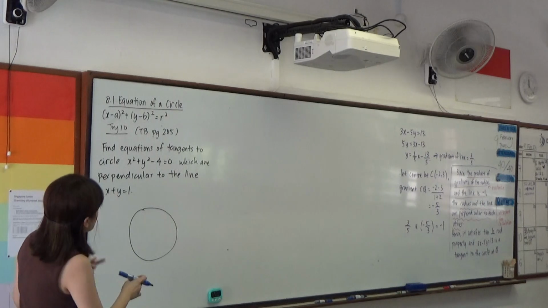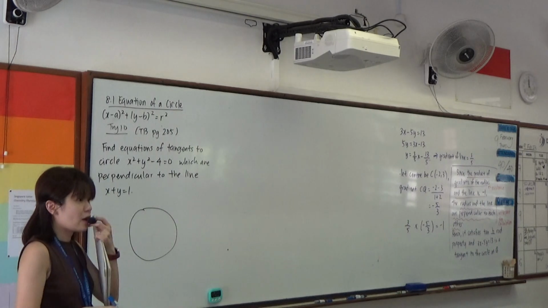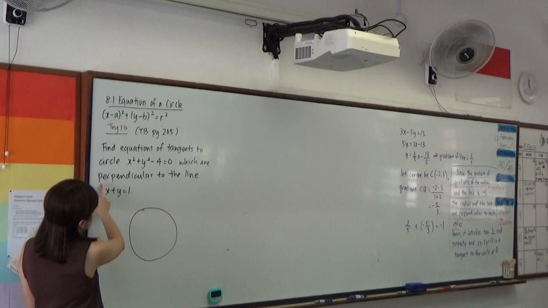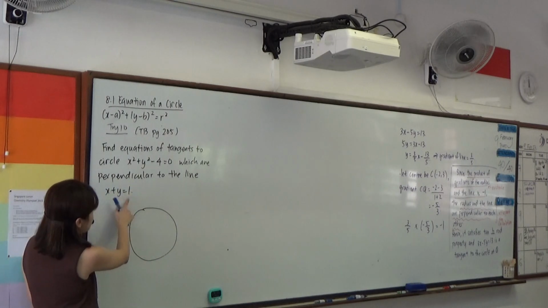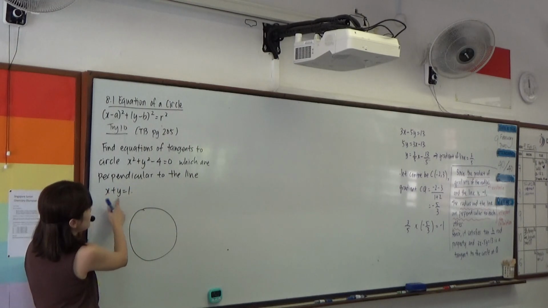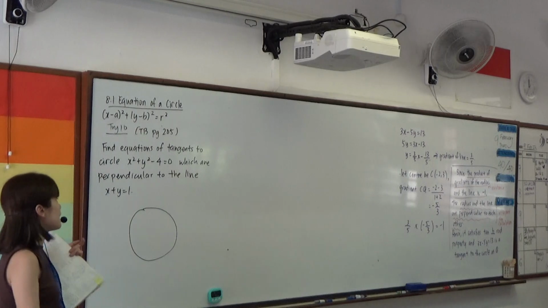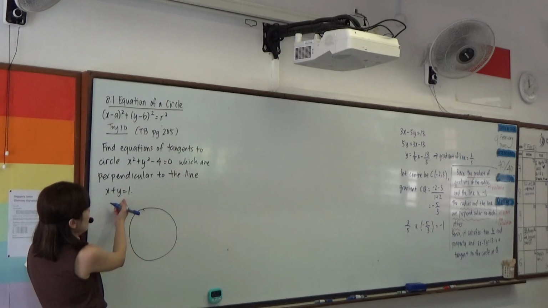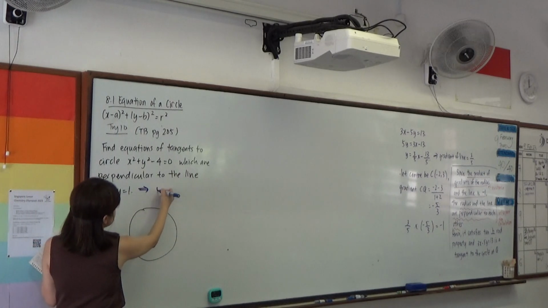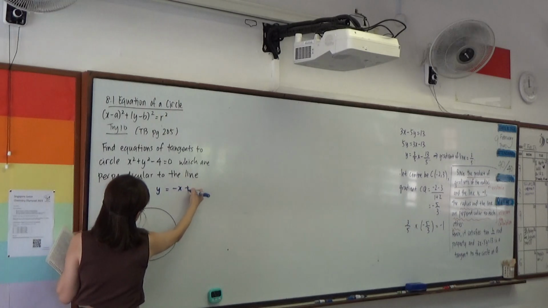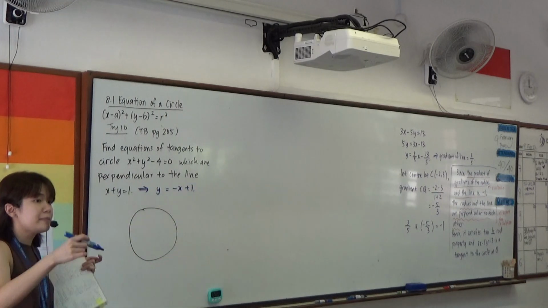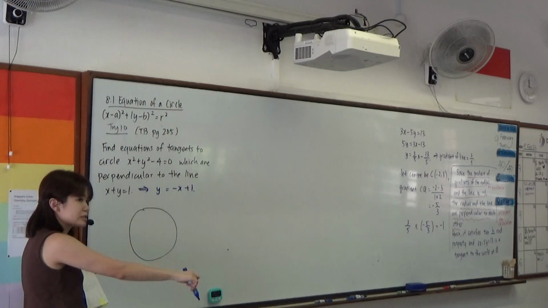So let's see how your diagram compares to mine. The tangents are perpendicular to the line x plus y equals to 1. This is critical information first, because we need this before we can decide how our tangent will probably look like. With x plus y equals to 1, we know that y equals negative x plus 1, so this line itself is downward sloping.